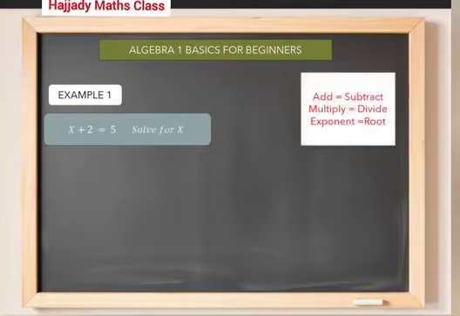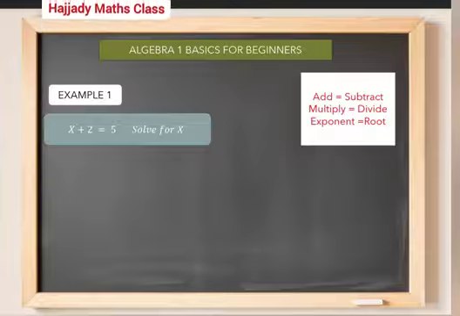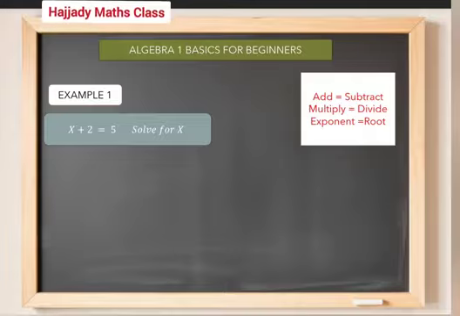The first rule says that when you have addition on the left side, because our objective is to let the variable x be on the left side and the value on the right side, what we need to do is eliminate every value that is with the variable x.